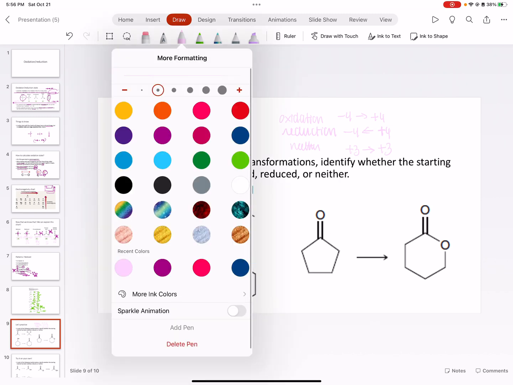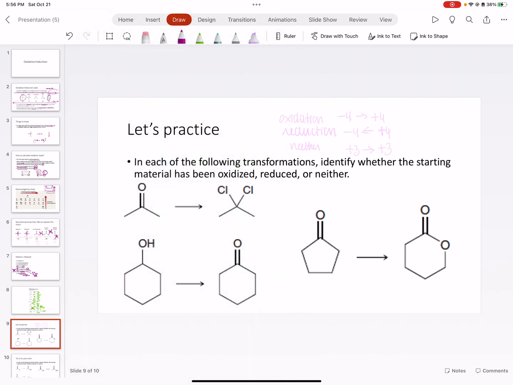Okay, let me get a more powerful color for you guys. We have this carbon, carbon, this carbon, carbon, carbon, and then a double bond oxygen. If it's more visually easy for you to see it like this, just draw it.